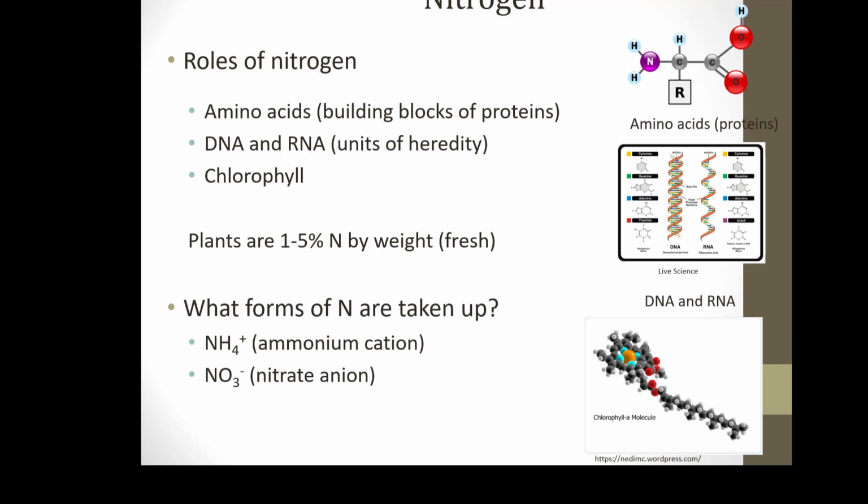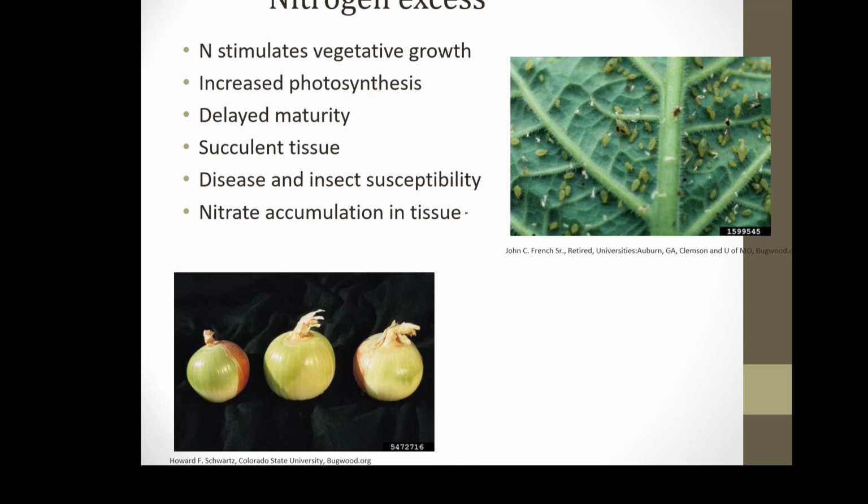So nitrogen is amino acids, our DNA, RNA, chlorophyll, and plants are 1 to 5% nitrogen by weight. So the forms that are taken up are ammonium cations and nitrate anions. You can certainly have too much of a good thing.